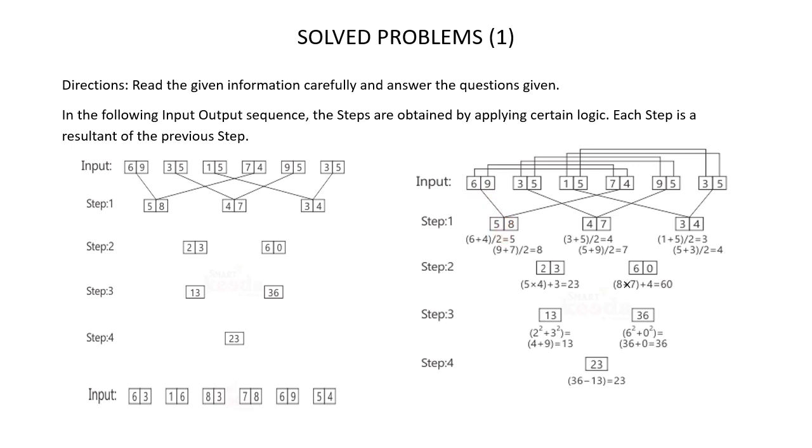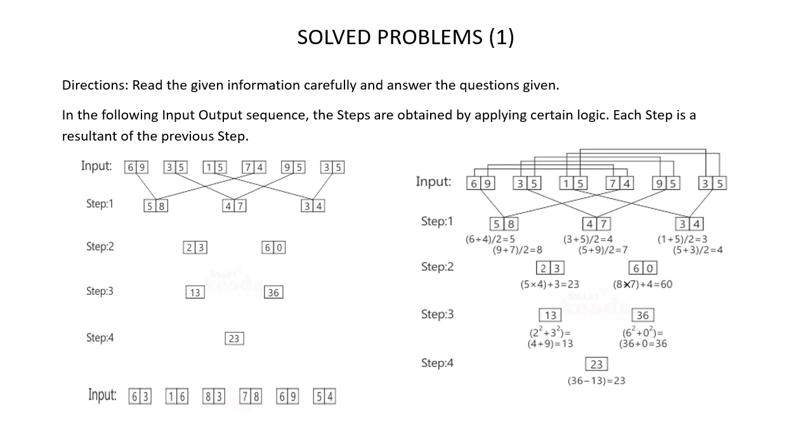When you observe the first and the fourth input numbers carefully, you will see that the first digit of this number is added to the second digit of this number and the answer is divided by 2 to get the first digit of the first number of step 1. Similarly, the second digit of this number is added to the first digit of this number and the answer is divided by 2 to get the second digit of the first number of step 1.